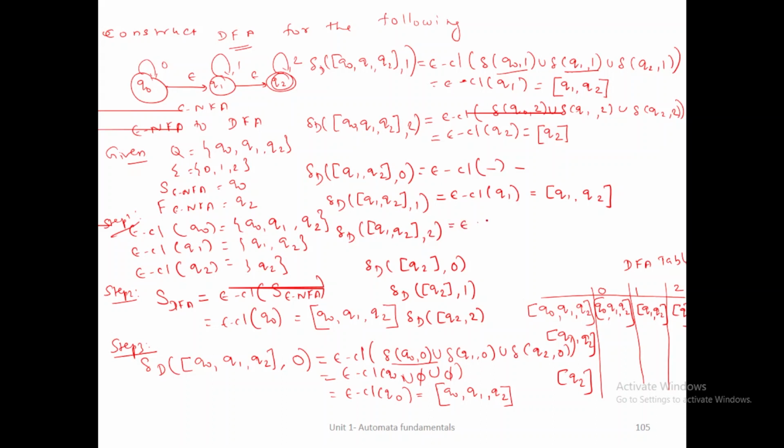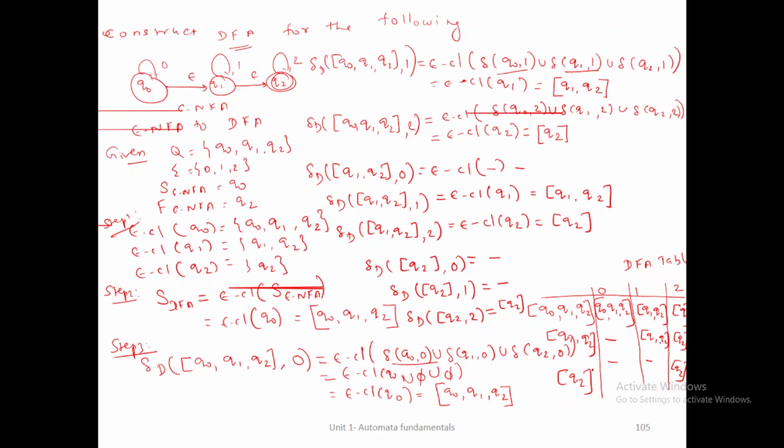So the answer is epsilon closure of Q2, so it is Q2. So this is the new resultant value you marked here. And for this one, Q2 0 no, Q2 1 no. From Q2 with 2, Q2 is there, epsilon closure of Q2 is Q2. So dash, dash, Q2. So we calculated the transition functions for the DFA table.